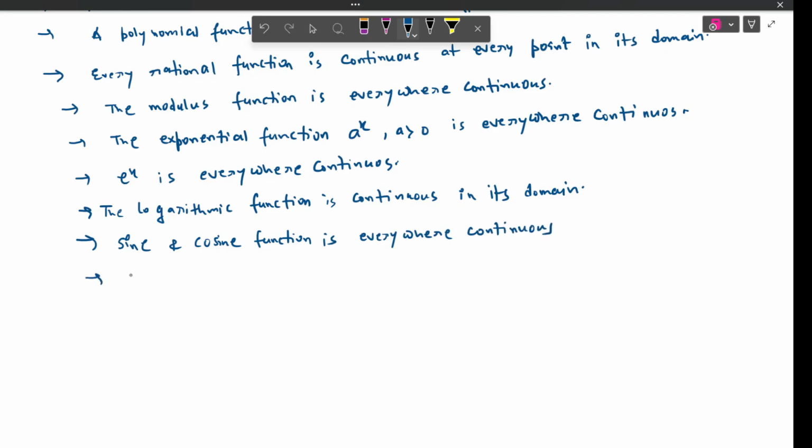But tan, cot, cosec, all these functions are continuous in their domain. Okay.